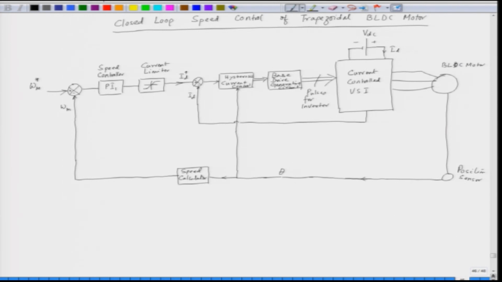So, this is a closed loop speed control diagram for a trapezoidally excited brushless DC motor.